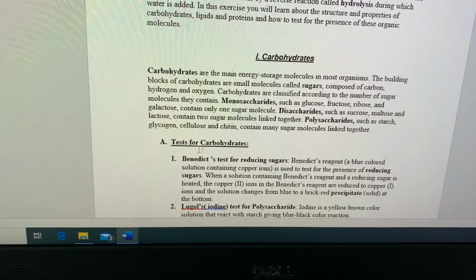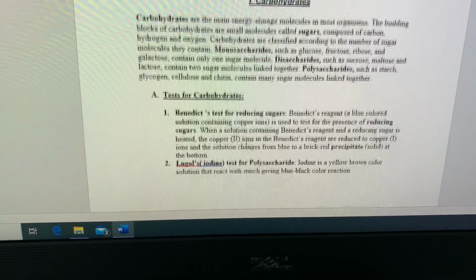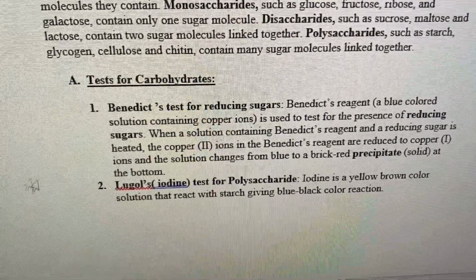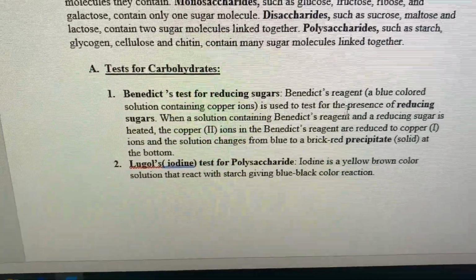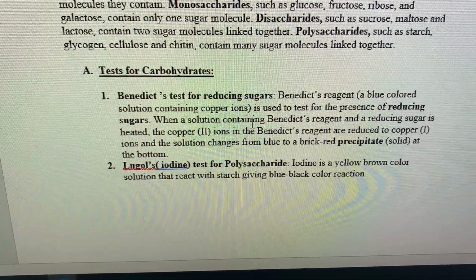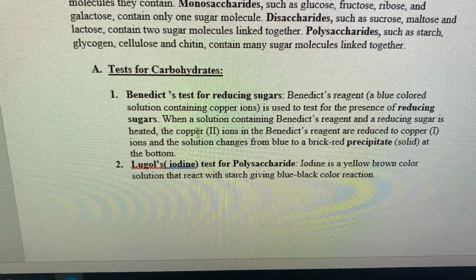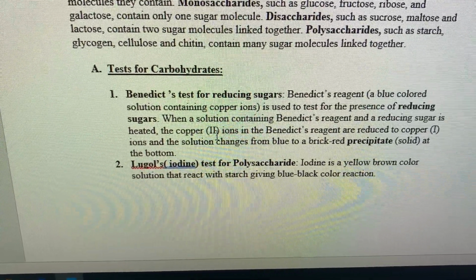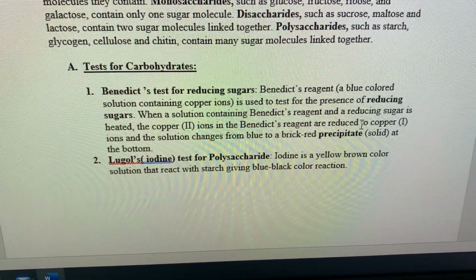Now, to test for carbohydrates, we have 2 different tests. When we test for sugar, we use the reagent Benedict. And this is the definition of Benedict reagent. It's a blue colored reagent made of copper ions, basically 2 copper ions. If I add it to any solution that contains sugar and I reduce it, see the word reduction over here?